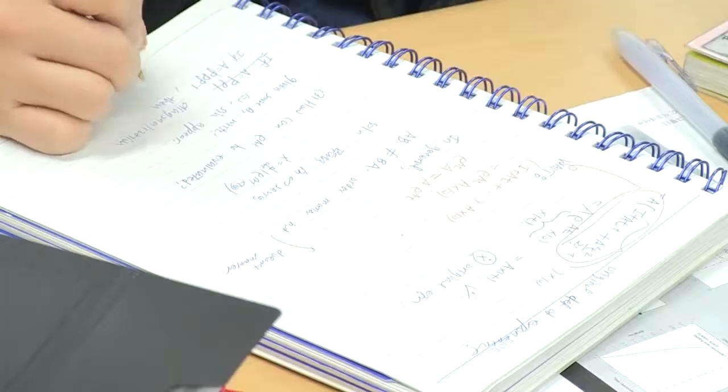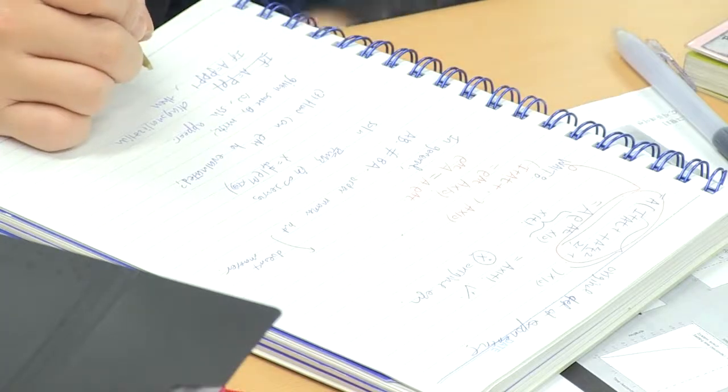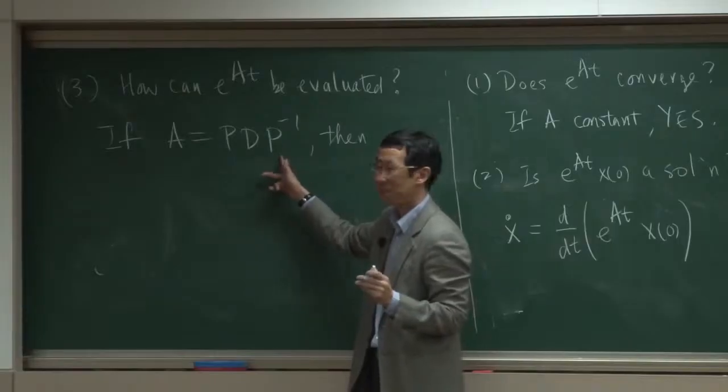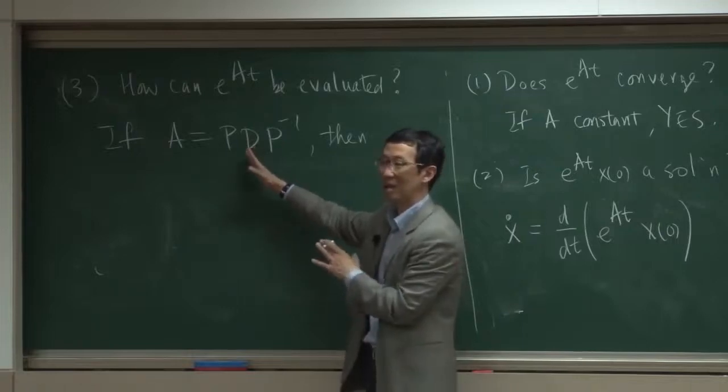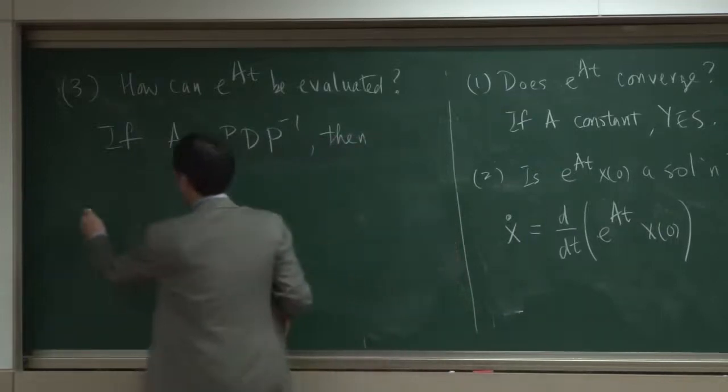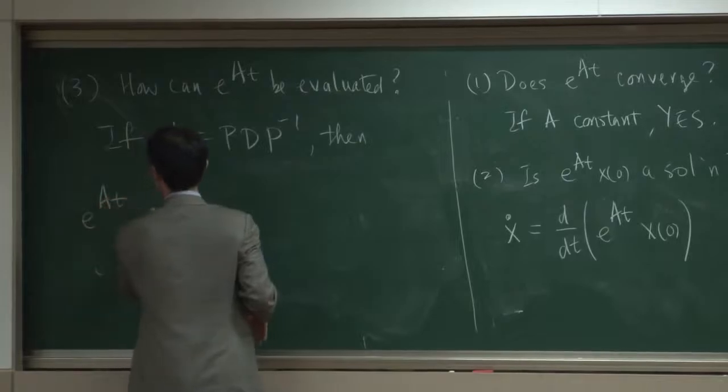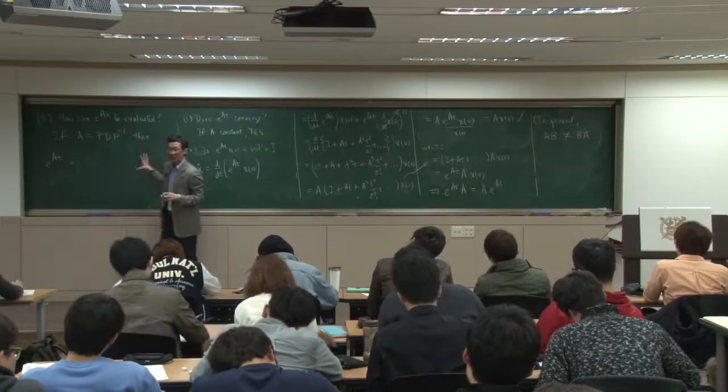Now, if A can be written in the form P times D times P inverse, where D is diagonal, we'll get back to that later, then e to the At: write out the series.